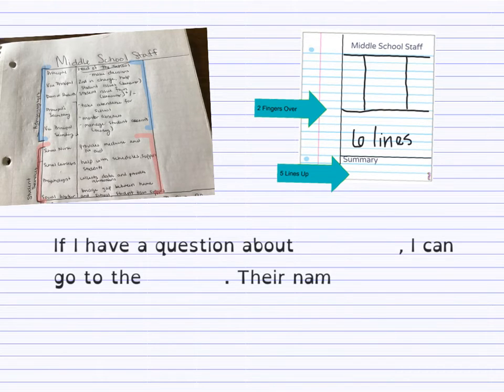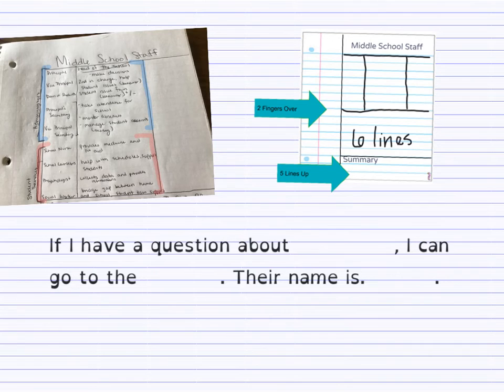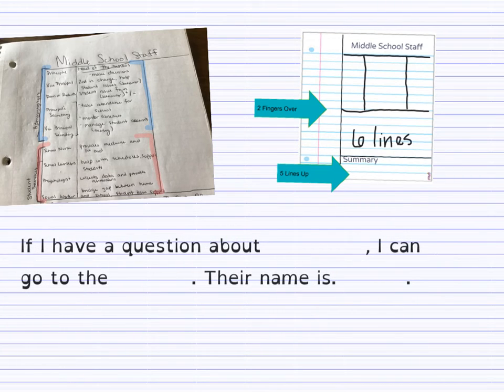Their name is blank. So let's see how that looked. Perfect. So here are your blanks to fill in. If I have a question about blank, I can go to the blank. Their name is blank.